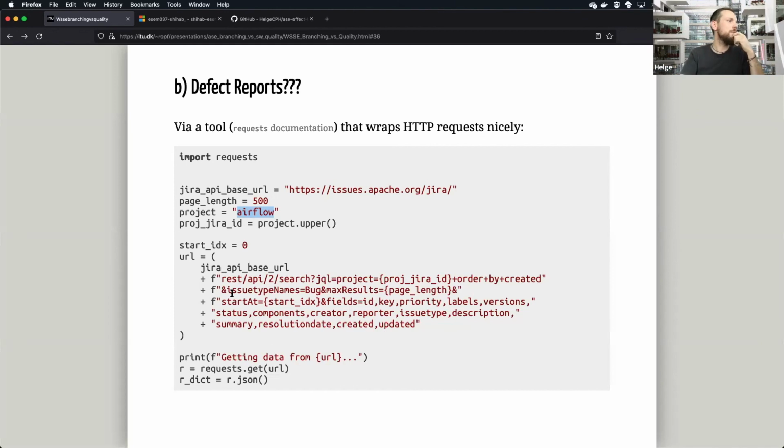We send an HTTP GET request, and we get some data back, which is JSON data that we can then parse and interpret for the data that we need. Cool. This is how we could collect defect reports from Jira via web requests.